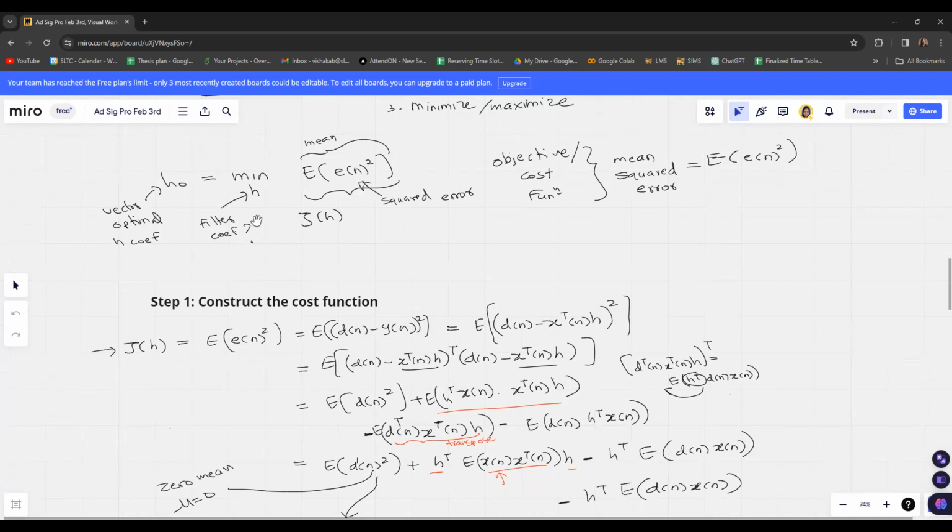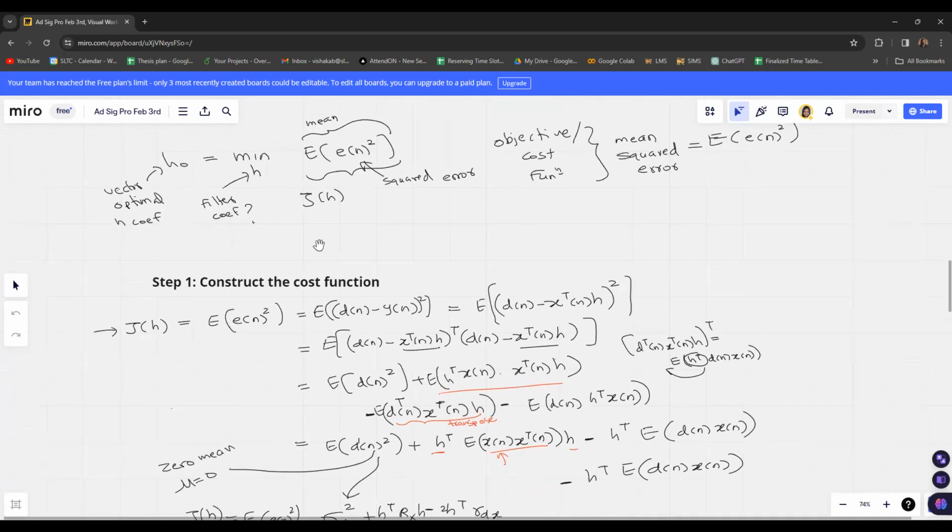After that, we want to find what exactly this expectation of the error function means in terms of the filter coefficients, because we want to find the filter coefficients that will minimize this expression. So there should be some relationship between h and this function.